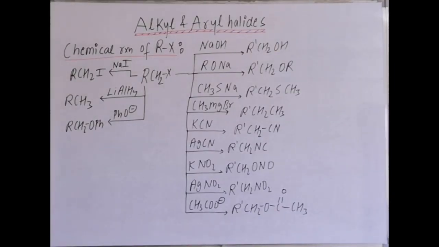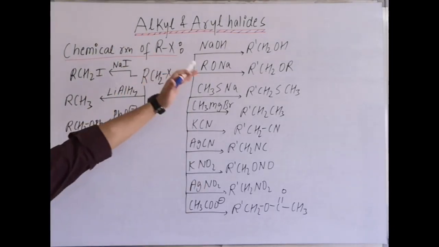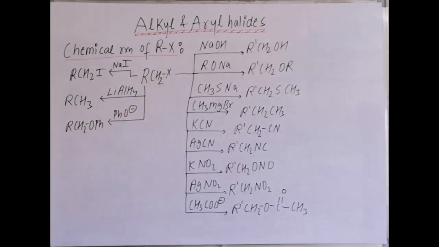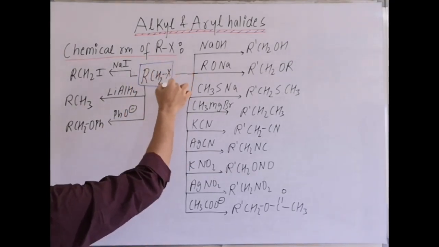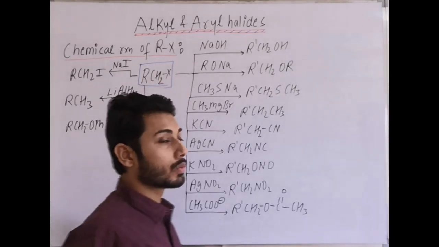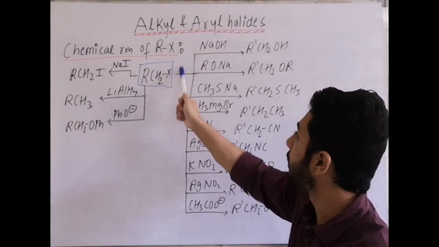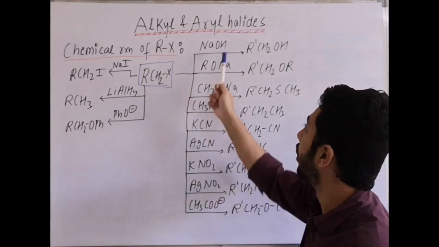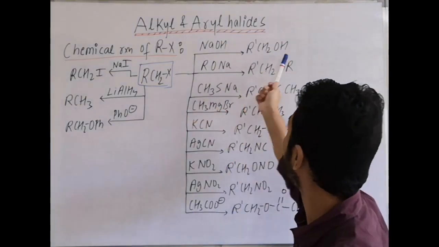Now on the basis of the SN2 mechanism, these are the reactions which we are going through now. Alkyl halide, R'CH2X. X minus will leave and the nucleophile is substituting X minus. First with NaOH, OH minus substitutes X minus, and R'CH2OH is formed.